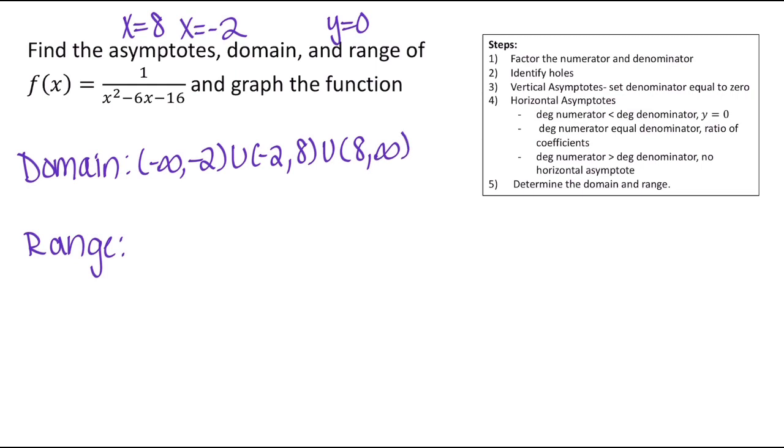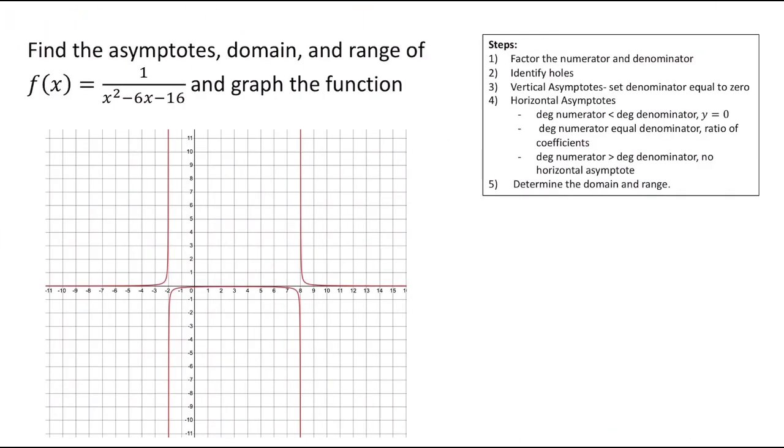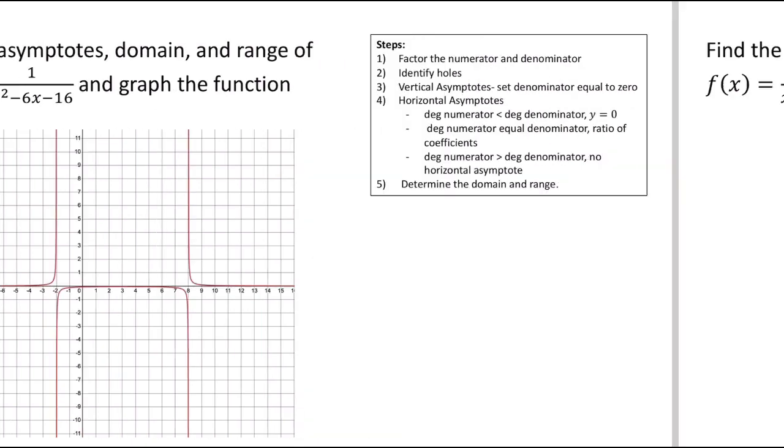That includes everything except the 2 asymptotes that we described. Then the range is everywhere except 0, so negative infinity to 0 and 0 to infinity. Remember, when you graph the function, you can see that it's broken up into 3 pieces for the domain, and it has those 2 parts for the range as well.